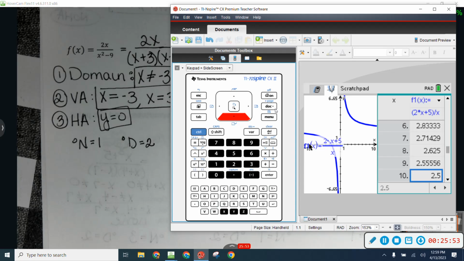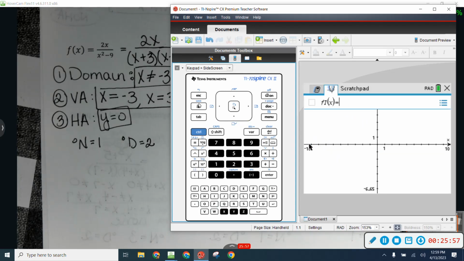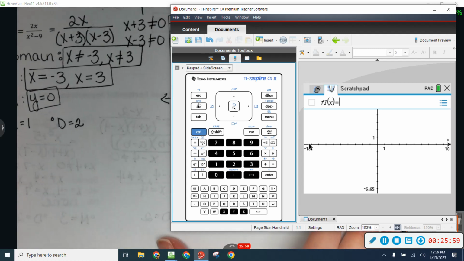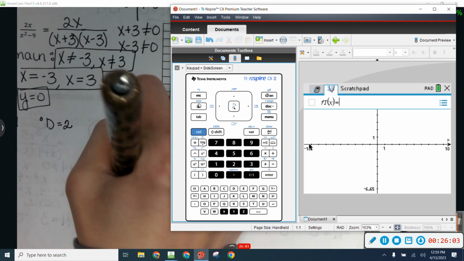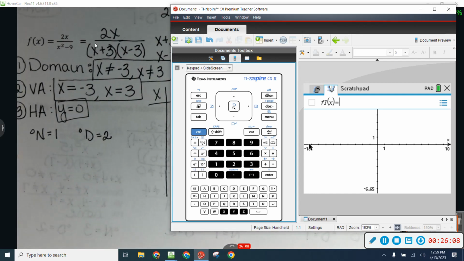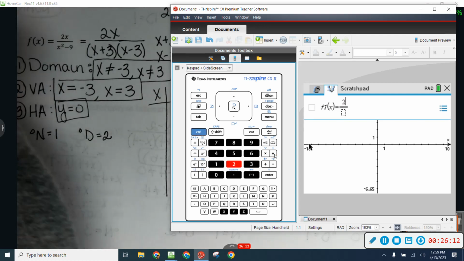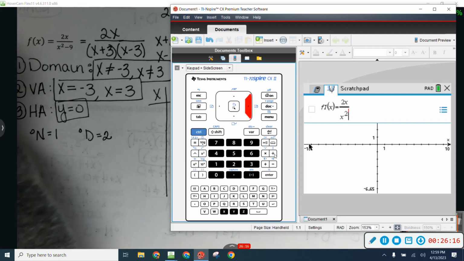And then once you do that, you can just clear the graph and go back to your graph in the table, in the calculator. I'm not going to put the factored form. I'm always going to do my original. So 2x over x squared minus 9.